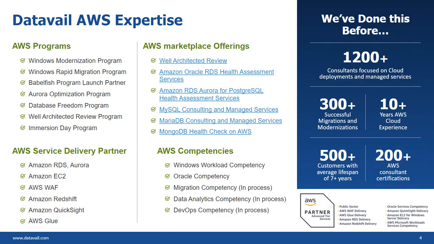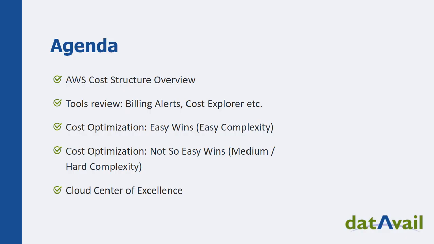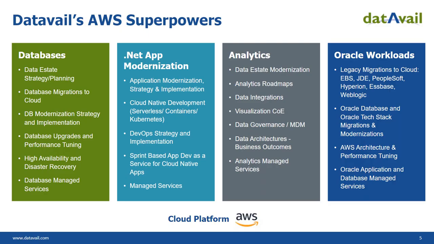Datavail has strong AWS credentials. We are in many programs, and over time we have earned many service delivery partner designations as well as AWS competencies. With AWS, there are four superpowers that Datavail has.